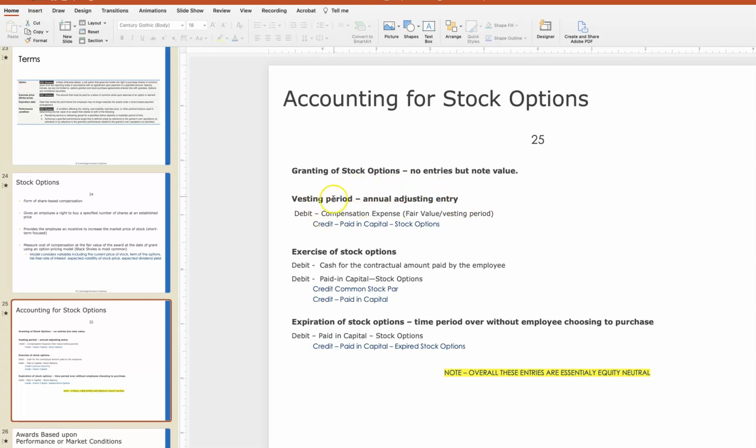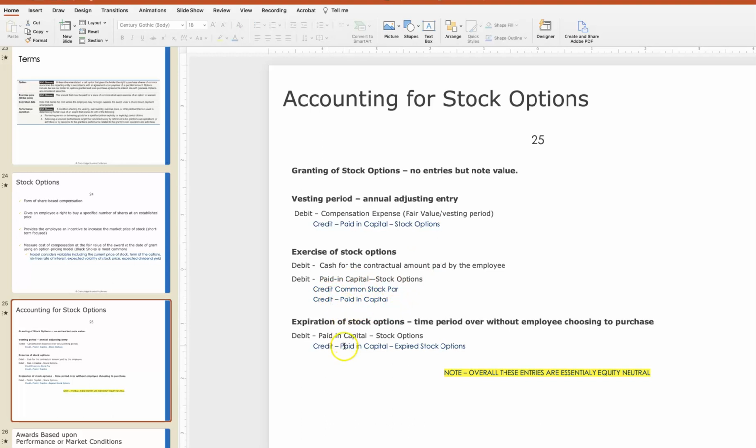As it vests, I'm going to increase that compensation expense based on the fair value and increase paid-in capital. And then when people actually decide to exercise their stock option, they'll give me cash for whatever that option price was they're entitled to. And then I'll decrease the paid-in capital stock option account that I've been increasing over the vesting period, and the rest will just look like any normal issuance.